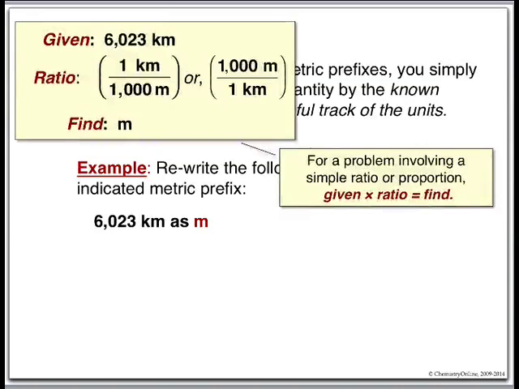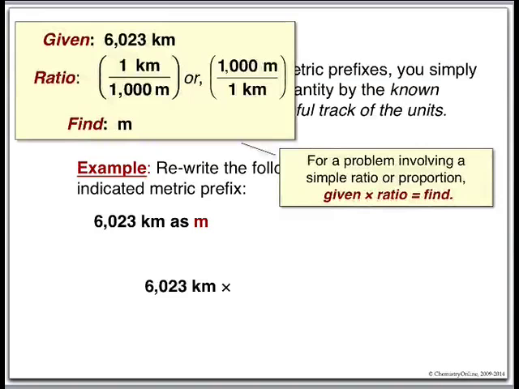We can write 4 different ratios. Only rule on the ratio is that whatever units you have here for given, kilometer, must appear in the denominator of that ratio. Here I've written 2 of them. Again, our unit must appear in the denominator.